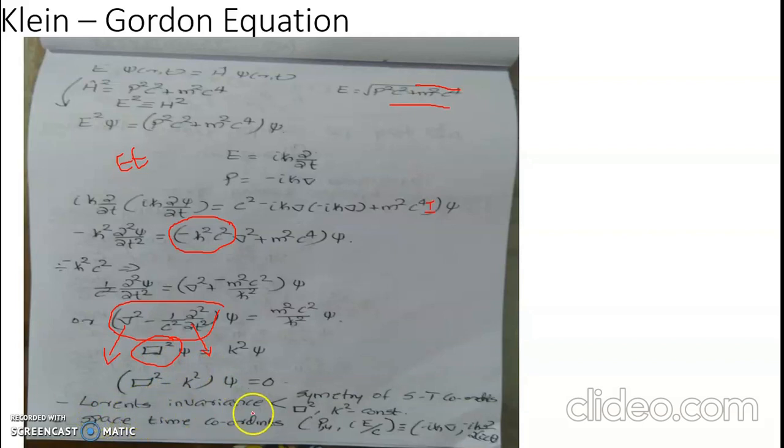So the qualities are, they satisfy the Lorentz invariance. It can be viewed in terms of the symmetrical ways in which the space and time coordinates occur in this equation. Both the space coordinate and the time coordinate are second order and have symmetrical footing. So this will be satisfying Lorentz invariance. And D'Alembertian and K square, which is a constant, both are satisfying Lorentz invariance.